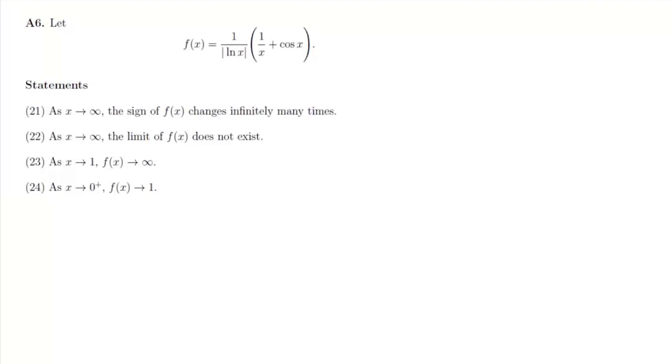Now for the sixth question, we are given this function f(x) as 1 upon mod log x into 1 by x plus cos x. Now we can take this limit x tends to infinity f(x), and it will be this limit x tends to infinity. Now when x is positive, mod log x is simply log x, so it will be 1 upon log x into x plus 1 upon log x into cos x.